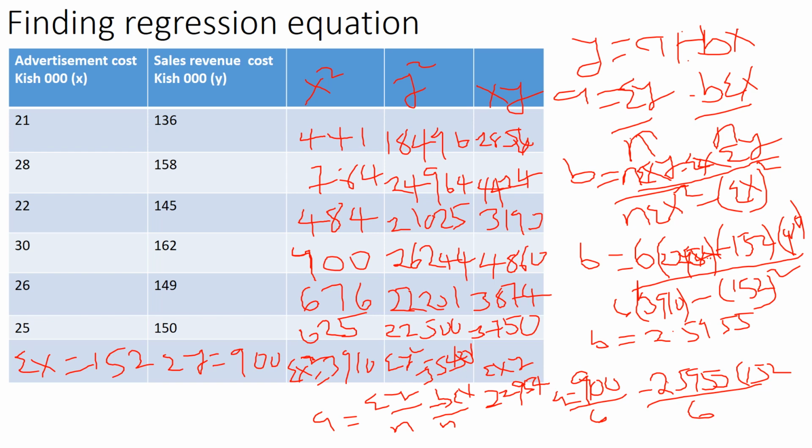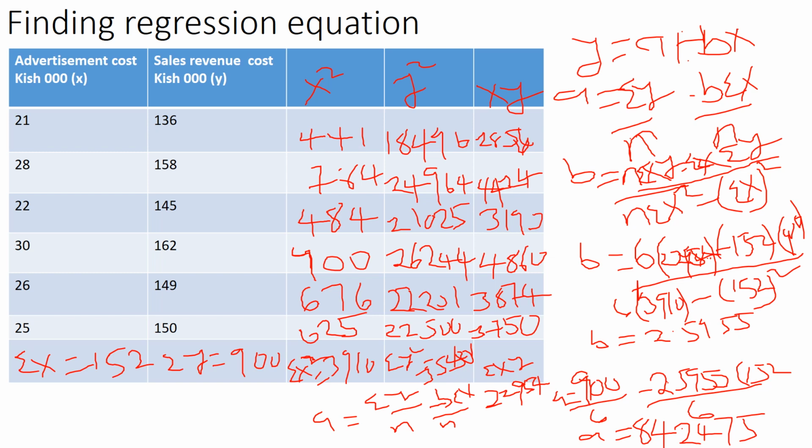So in our case here, we get the value of a equivalent to 84.2475. So those are the values of our y-intercept and the slope of the equation.